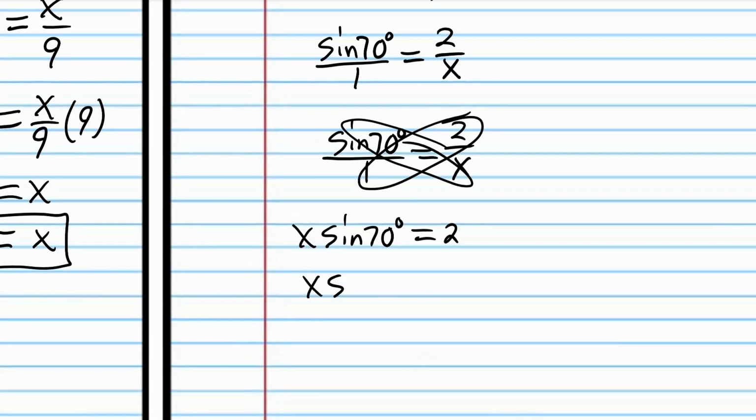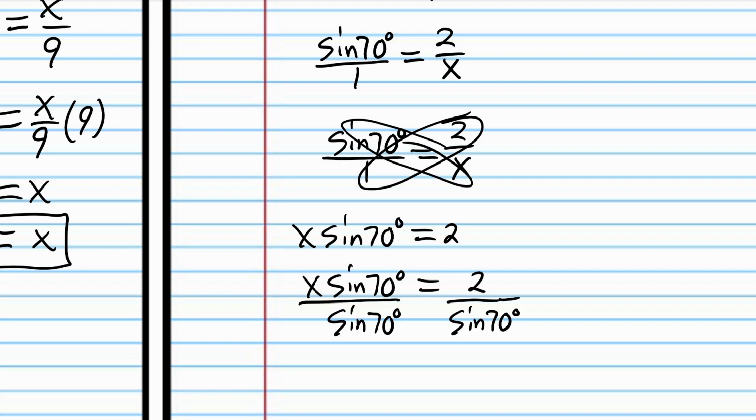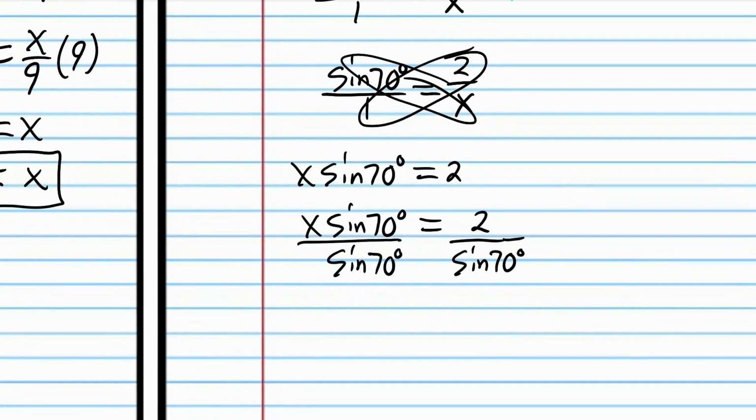So we're going to divide, we're going to get rid of that sine 70. And I know what you're thinking, this is getting really complicated. Well, it's just basic algebra. The only difference is you're moving around this sine 70 thing, which is unfamiliar to you, but it's just basic algebra. So it's nothing to be afraid of. So now those cancel out. We get x is equal to 2 over sine 70 degrees.